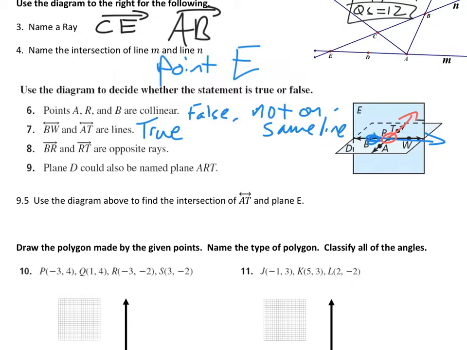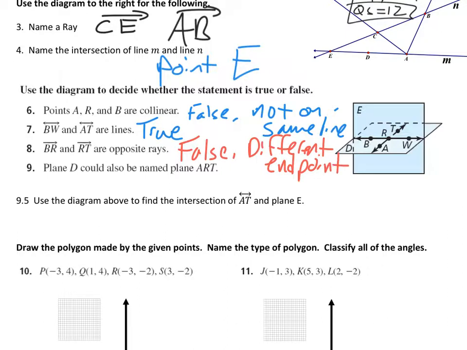They're going totally different directions, and they don't share an endpoint. Opposite rays have to share the same endpoint and go opposite ways.